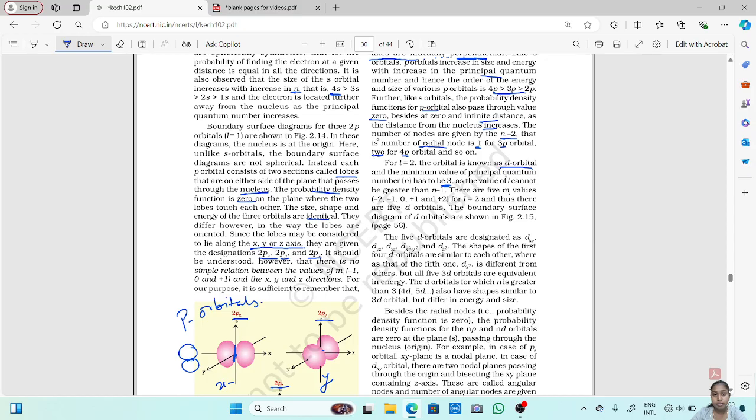There are 5 magnetic quantum numbers for d orbitals: minus 2, minus 1, 0, plus 1 and plus 2. So for l equals 2, there are 5 d orbitals.